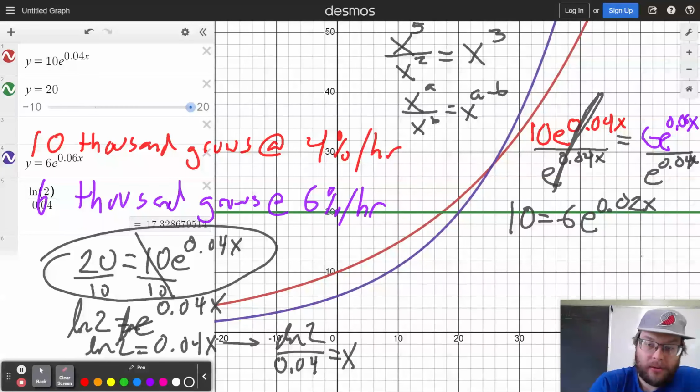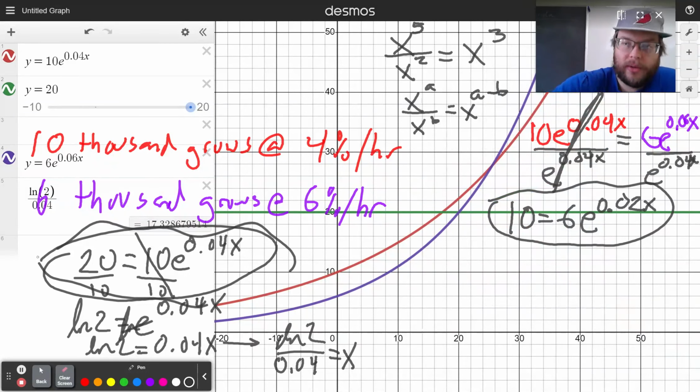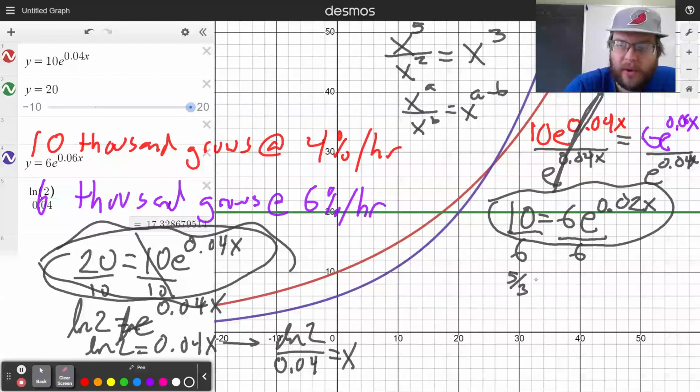Well, now what I have left over, this equation right here, is going to be a repeat of what I did down here in the bottom left of the screen. So really, that first step was the only new piece. 10 divided by 6 is, well, what is that? I don't know, 5/3. So 5/3, or I could say 1 2/3.